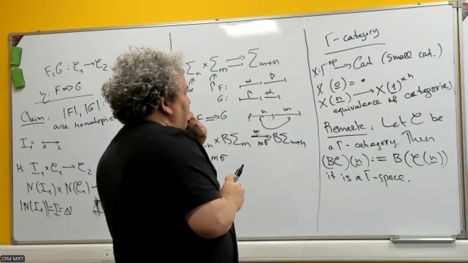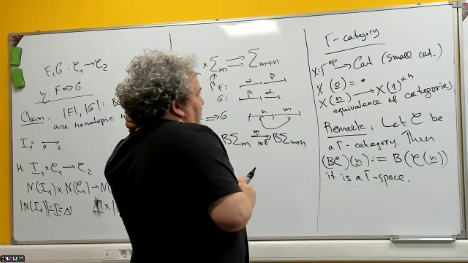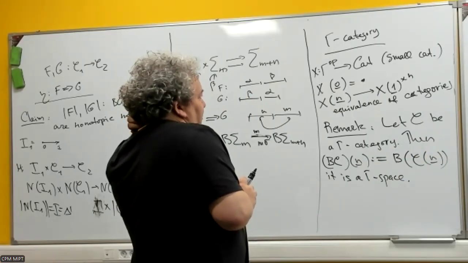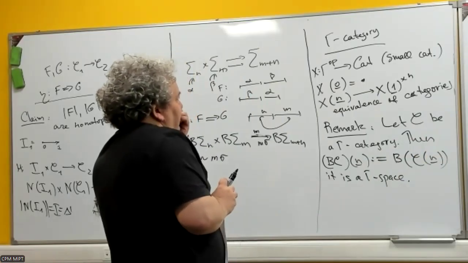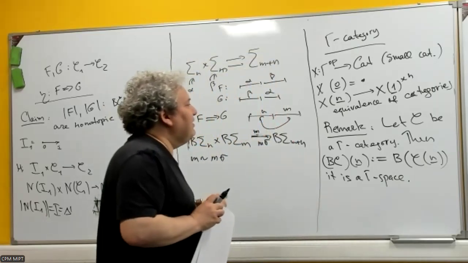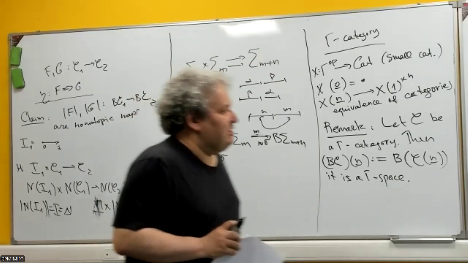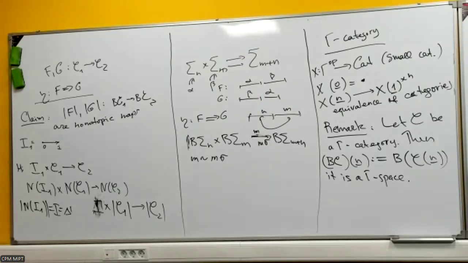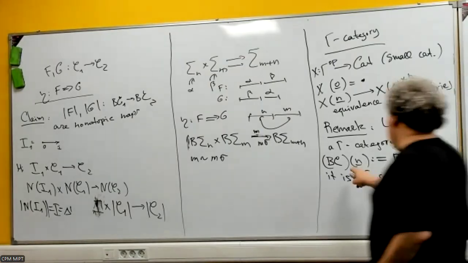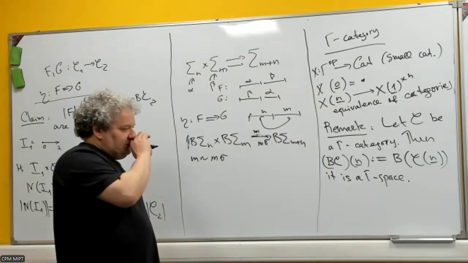So somehow we use the fact that realizations behave well with weak equivalences. This is actually a subtle point which I mentioned several times, but without this subtle point, if you take a gamma category and elementwise apply this classifying space functor, we have a gamma space.